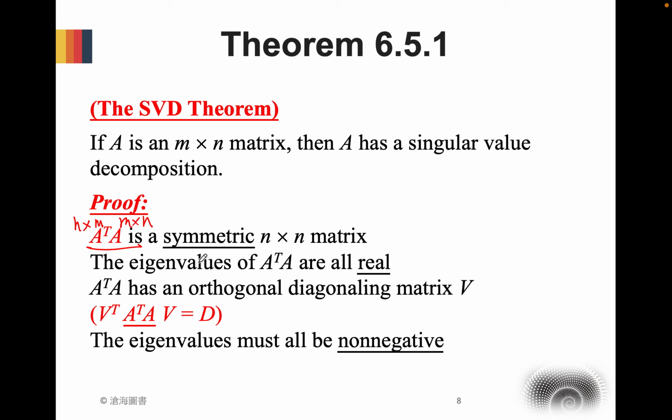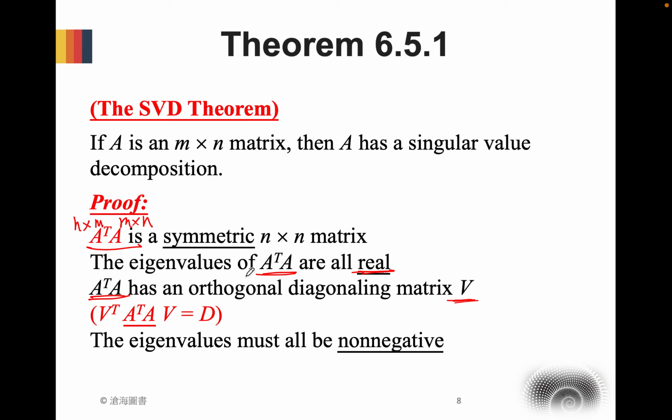Okay, and according to the property of eigenvalues, the eigenvalues of a symmetric matrix are all real numbers. And according to section 6.3, the matrix A transpose A has an orthogonal diagonalizing matrix V to diagonalize A transpose A.